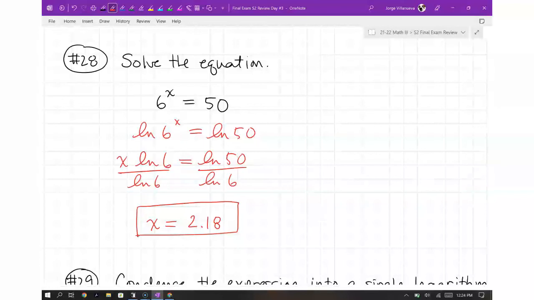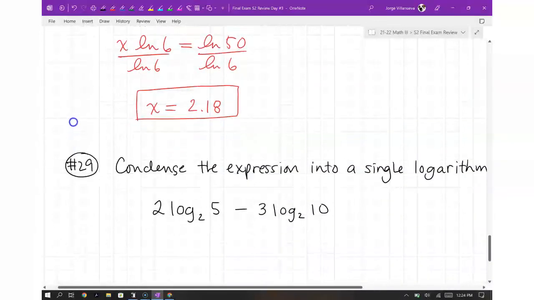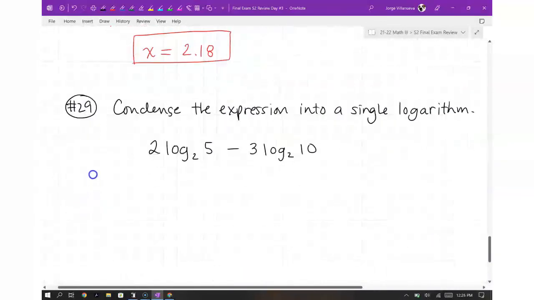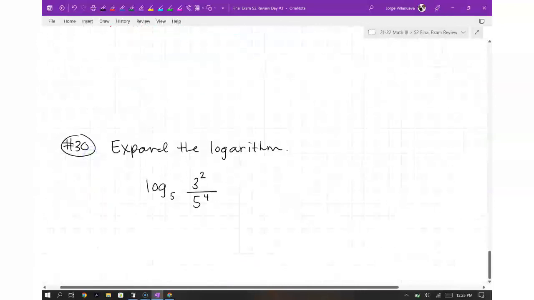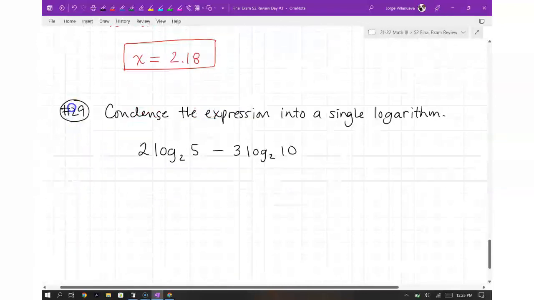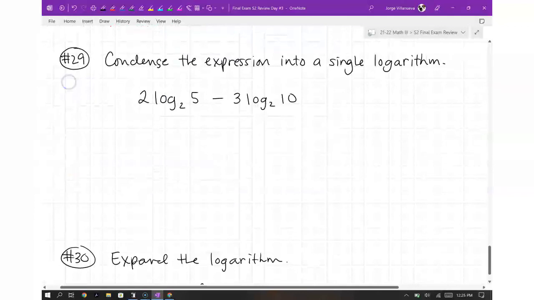All right, the last two problems, we don't have to solve for anything, but they want you to rewrite stuff. That one right there. You don't have to write the whole top part, just say condense the log if you want.